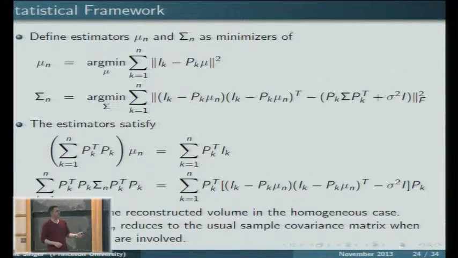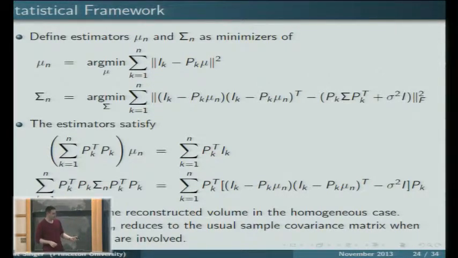Now we look at the second equation for sigma n, and you see that sigma n also satisfies a linear equation. The right-hand side is completely determined from the images and from our knowledge of the projection operators. The left-hand side is some linear operator applied to sigma n, when one thinks of sigma as an element of a linear space, say a p squared dimensional vector space.